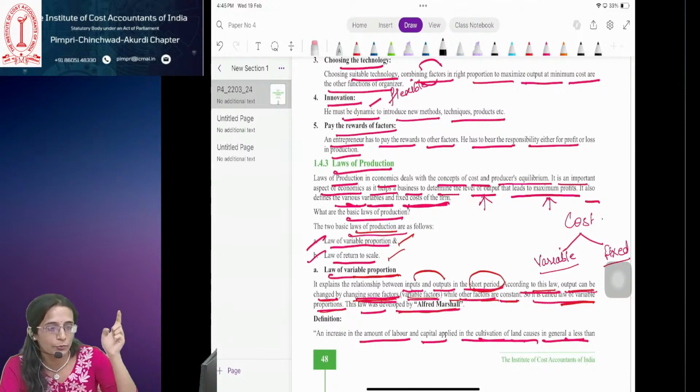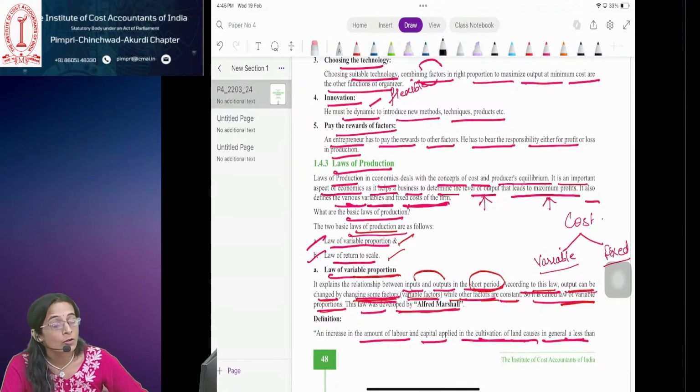At a certain level, we are getting zero profit. And at certain levels of production, we are getting positive profit. So the output level should be such that we get maximum profit, right? So that's why we require the law of production to determine how much production is to be made by an organization or a firm so that it can maximize its profit.